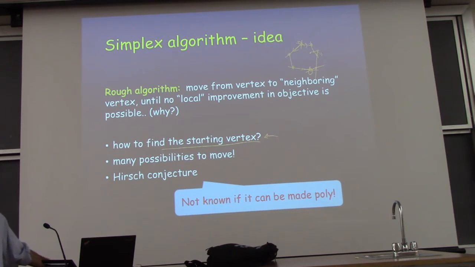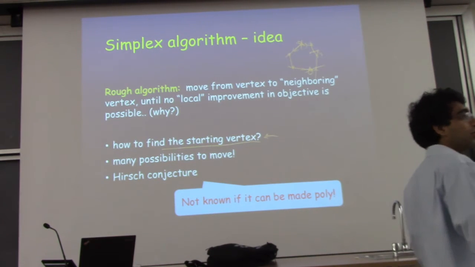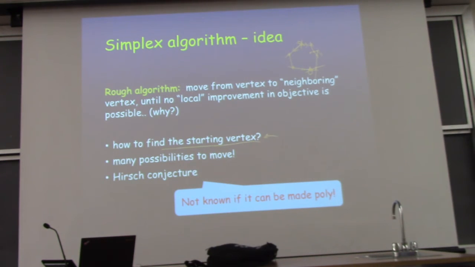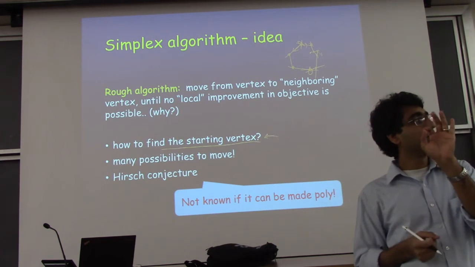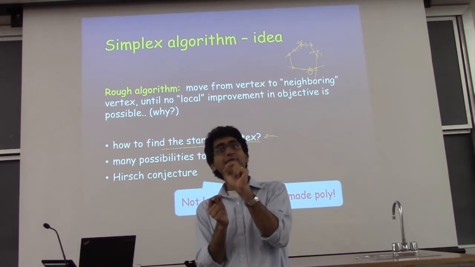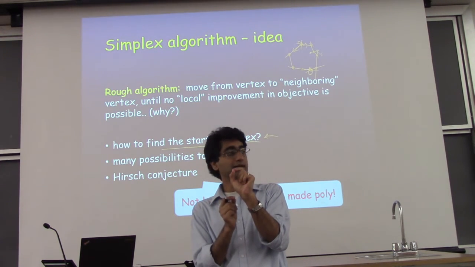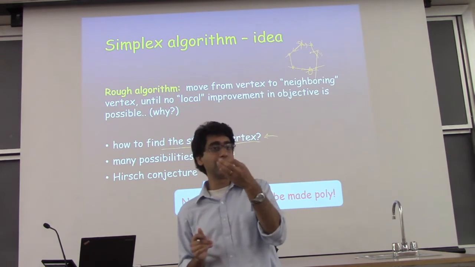Why can't we say any diagonal starting? What do you mean? Take any vertex and you start. Yeah, so how do you find one vertex? All you are given is a bunch of constraints. Any vertex of this polytope is defined by n of the constraints becoming equalities, if you are in n dimensions.